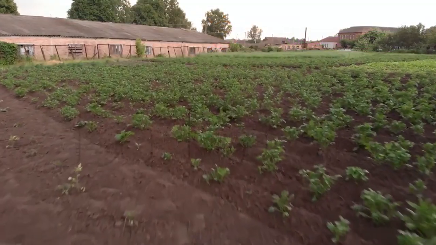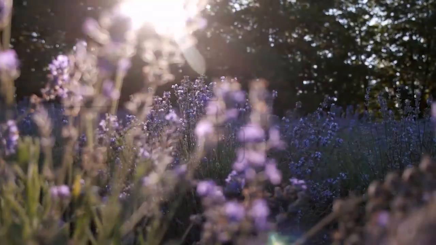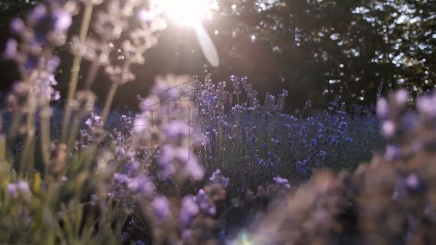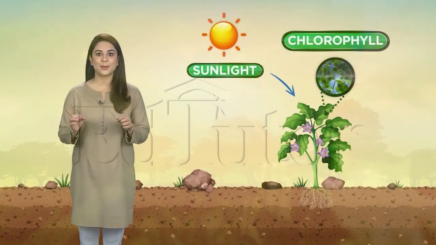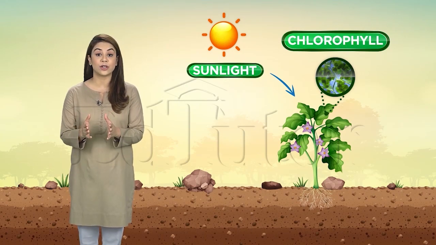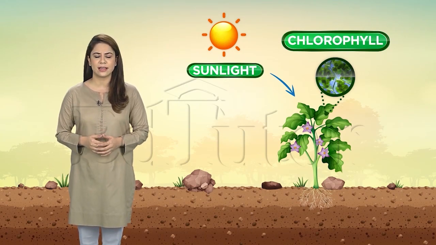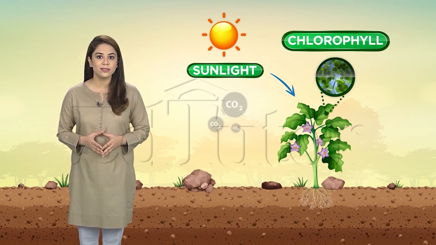We all know that plants absorb light energy from the sun with the help of chlorophyll that is present in the leaves. But apart from this, plants also need some products from outside for the process of photosynthesis. Can you guess which products we are talking about?